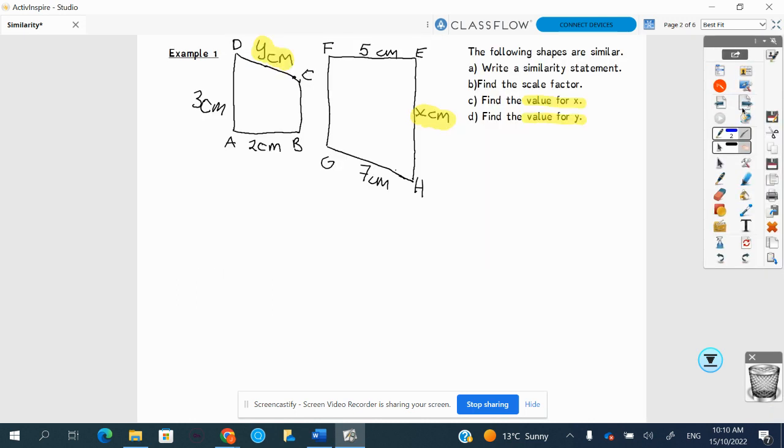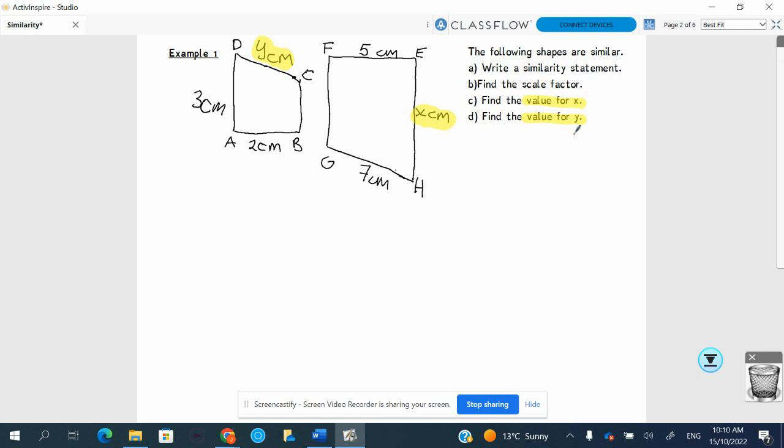Let's have a look at an example. So similar to congruent figures, it doesn't have to be triangles. We'll be looking primarily at triangles, but this is an example of 2 quadrilaterals. The question says the following shapes are similar. Write a similarity statement. So let's start off with this first question.